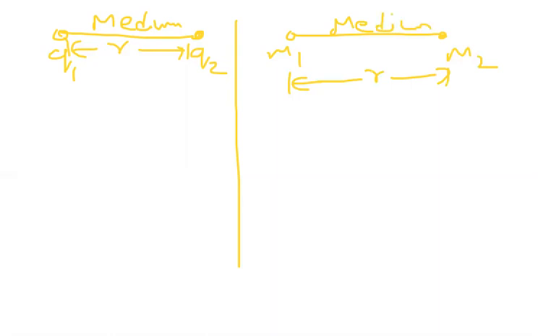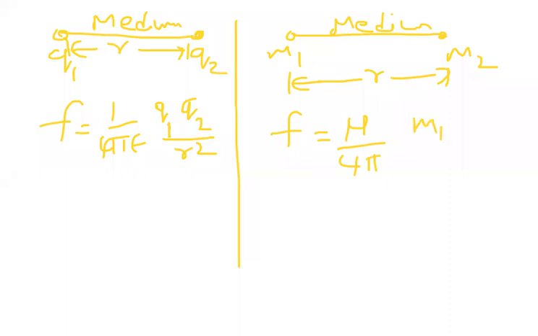So now we are taking the medium between the two poles, and we have to discuss the magnetic nature of the medium. In the first case, the formula I can write as F is equal to 1 by 4 pi epsilon Q1 Q2 by R square. Here I can write the formula as F is equal to mu by 4 pi M1 M2 by R square.